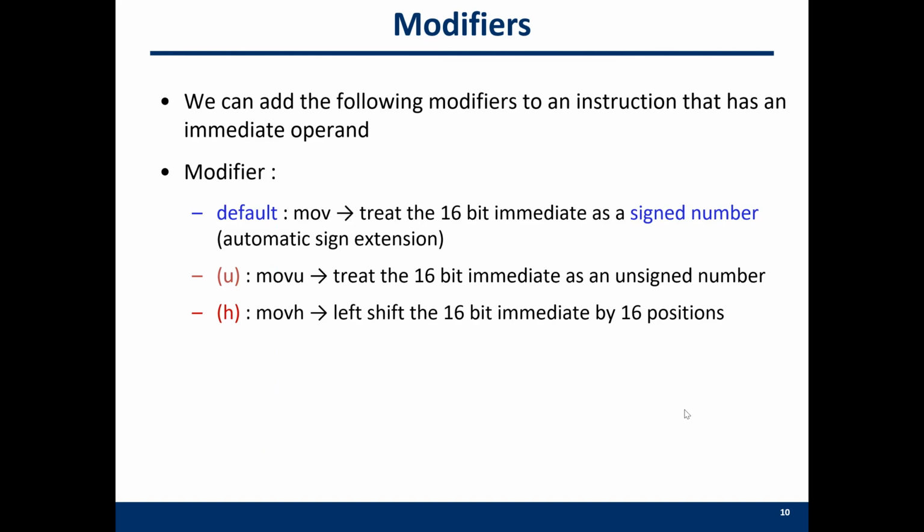This is done in C language if you declare a short. You assign -1 to this variable. And you declare another variable, which is B, and do something like this.